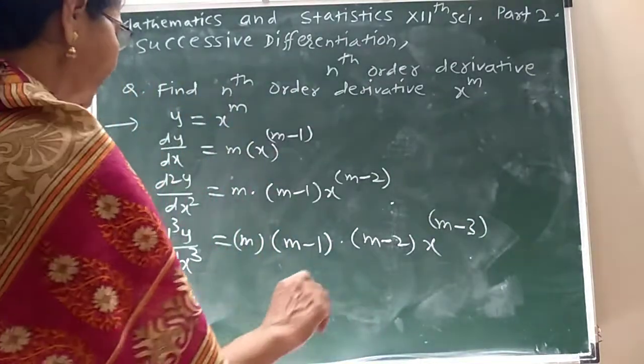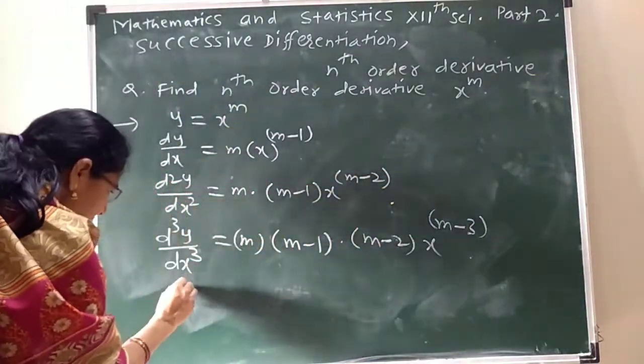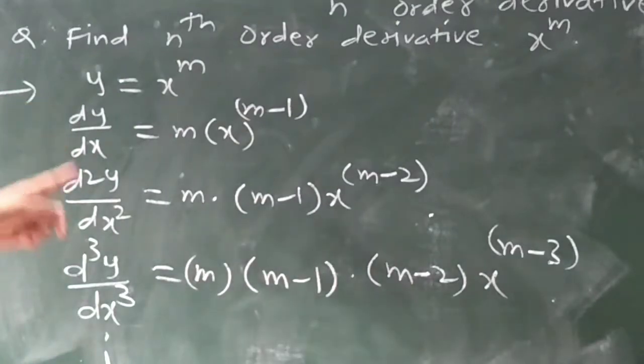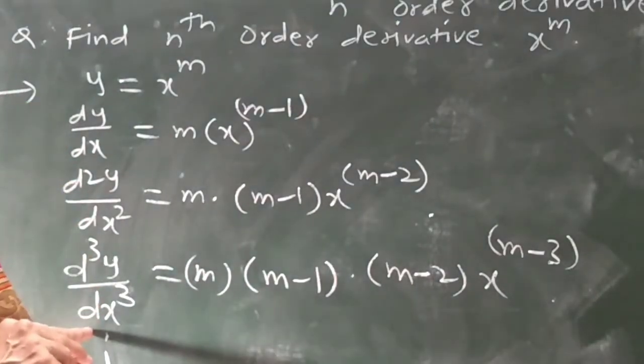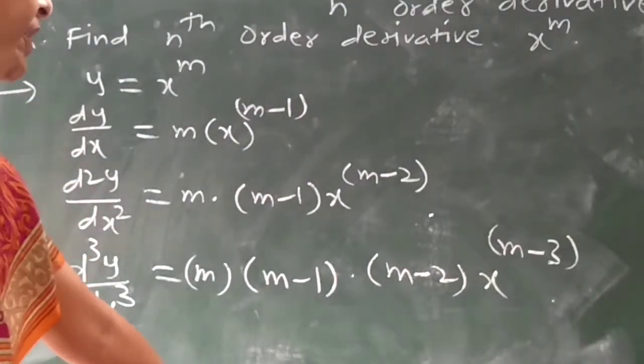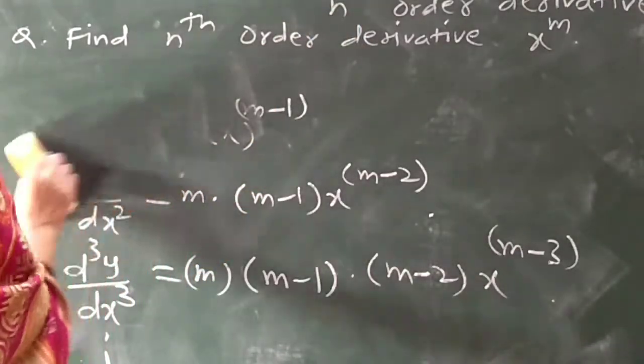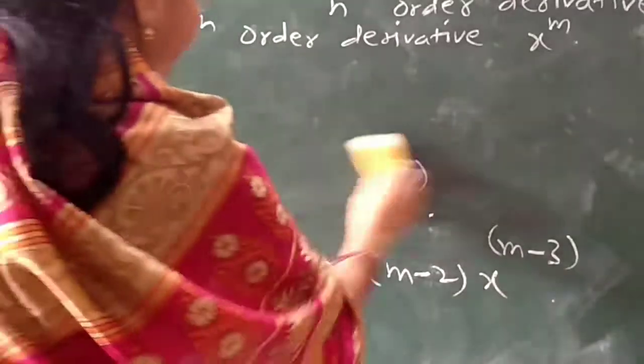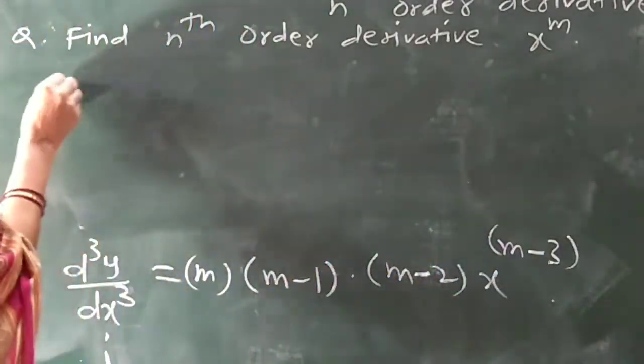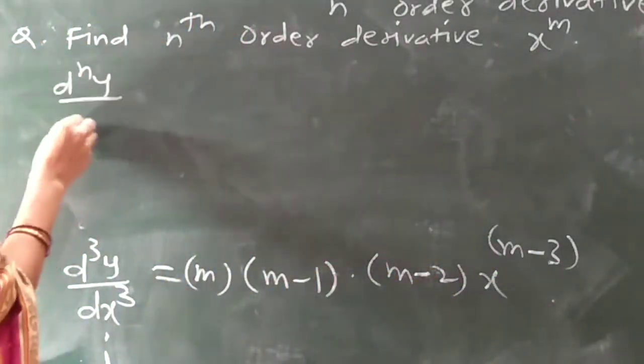Now we want to find in this way d raised to 4y by dx raised to 4 and all that. And the nth derivative is d raised to n y upon dx raised to n.